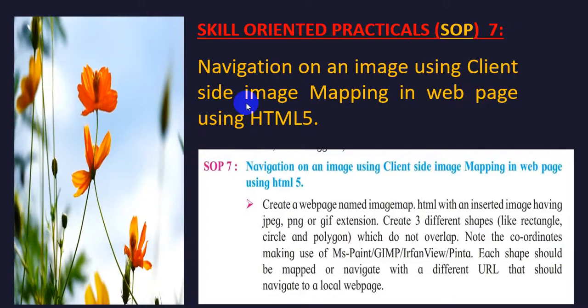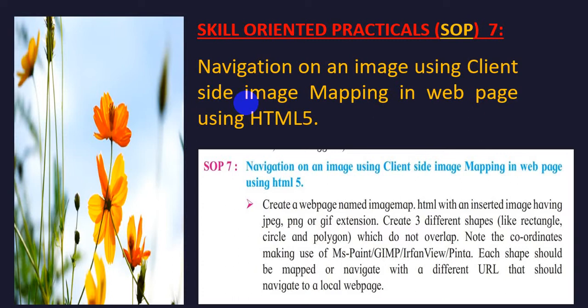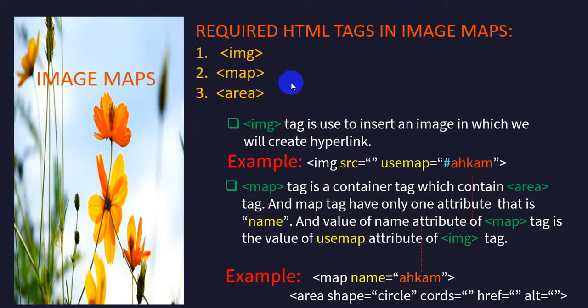In our previous lecture, we learned that if you are going to do image mapping, we require 3 tags. Which tags do we require? We require the img tag to insert an image.